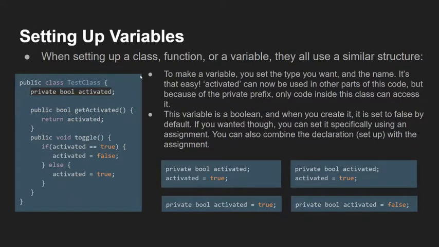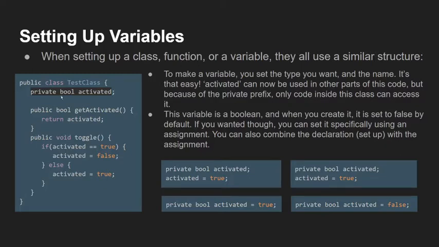Setting up variables is the easiest of these three. So we got a private variable here, which means only these two functions can access it. What does that mean exactly? It means if I wanted to check if it was activated, I would have to use a public function to get it, and I'll go over that in a minute. But to make a variable, you want to set the type you want.